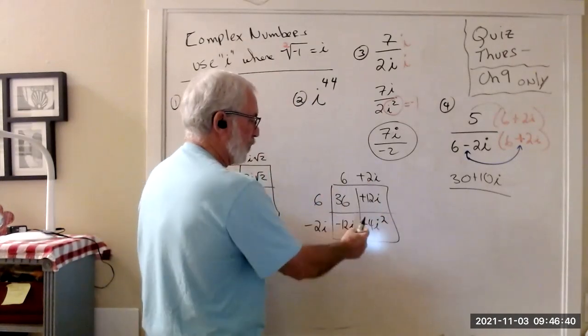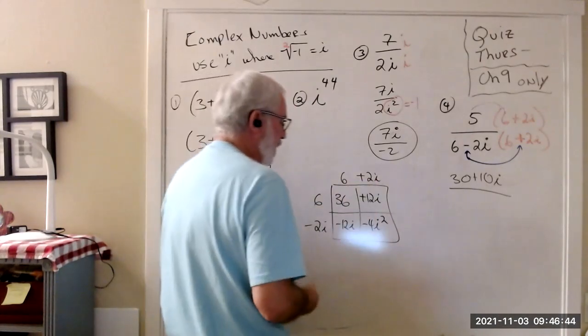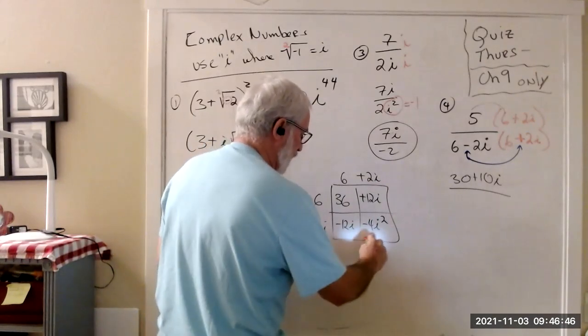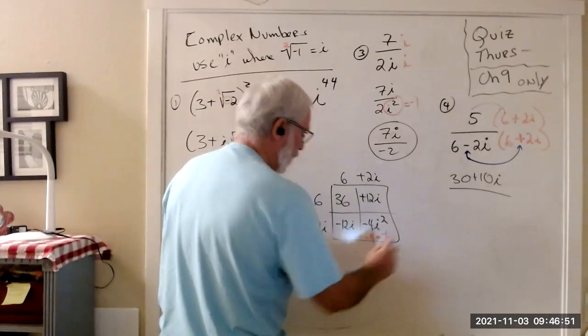I times I is i squared, but i squared is negative 1, so this is negative 4 times negative 1, so this is 4.